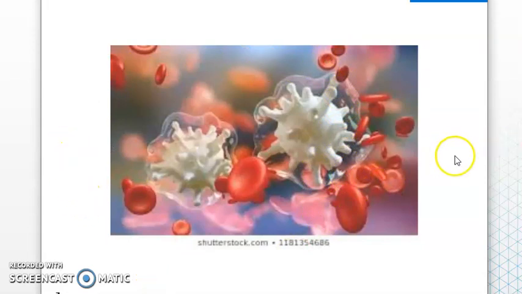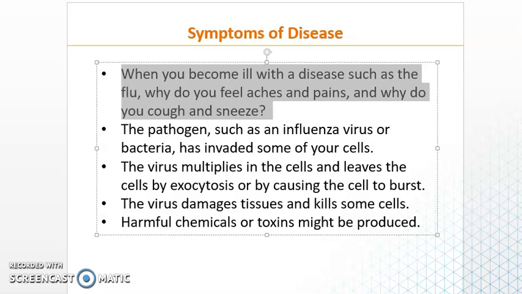Sometimes it's able to enter the cell and multiply inside the cell, or it can act from outside. The virus, the bacteria, whatever the pathogen we are dealing with, it can enter the cell or it can act from outside. What will happen if it enters the cell and what will happen if it acts from outside?